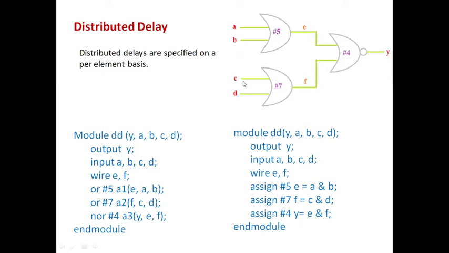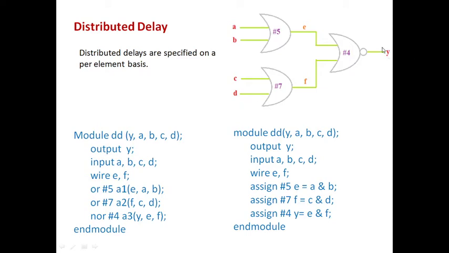Similarly for B. But coming to C and D, for C to travel to Y it takes 11 seconds, and similarly for D also. That means what is the maximum amount of time until your output is fulfilled?